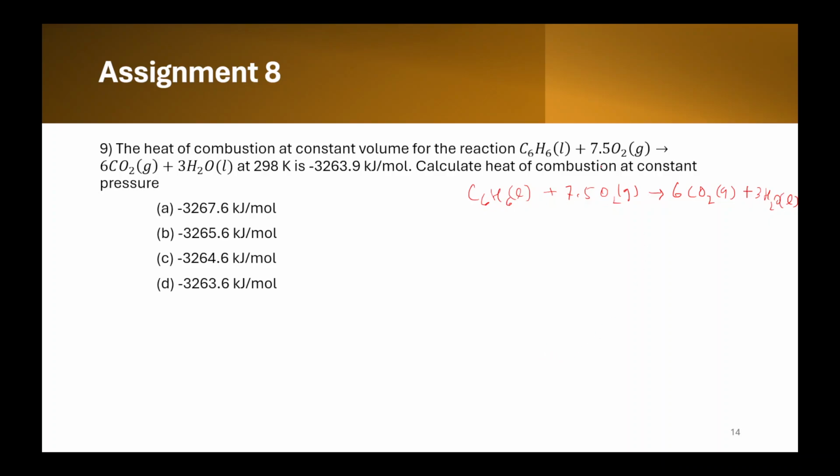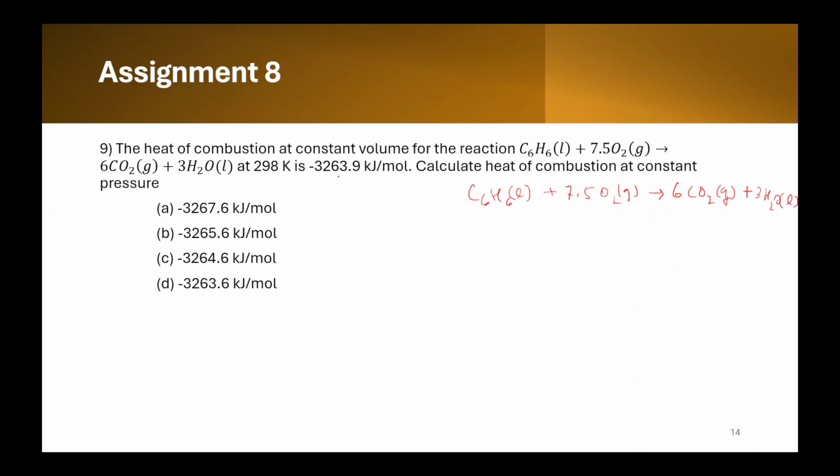So we are given the states of these reactants and products as well. So you can assume that if the states are given, it will be about either computing the internal energy if the enthalpy is given, or computing the enthalpy if the internal energy is given.